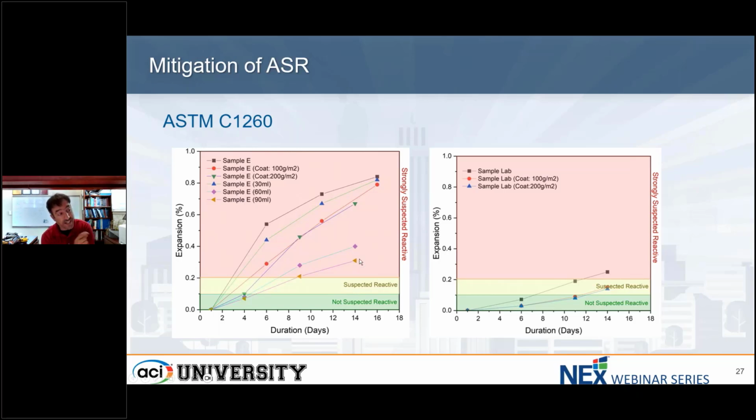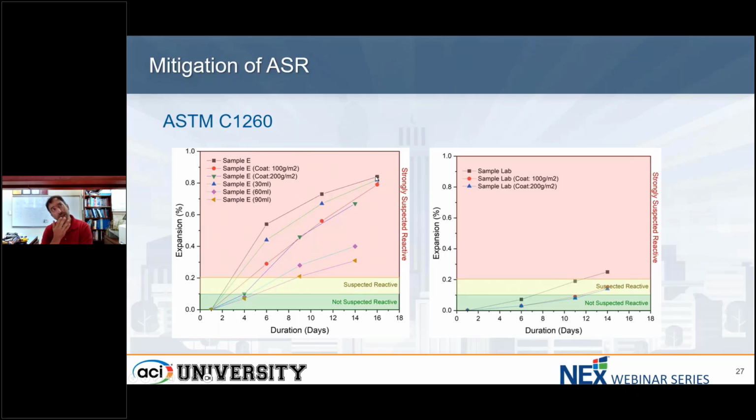Now, what we see here is even coating the aggregate, which in the autoclave test made it look like it was great, it still shows up, according to C1260, as suspected strongly reactive, but less suspected strongly reactive than the suspected strongly reactive of not doing anything.